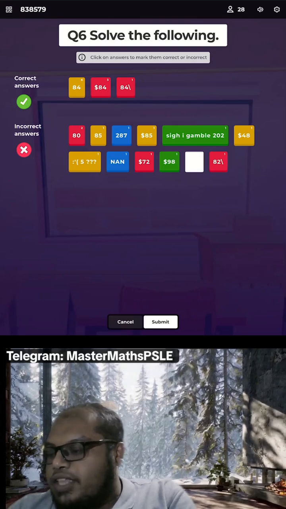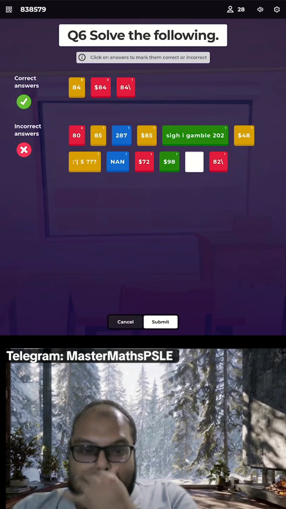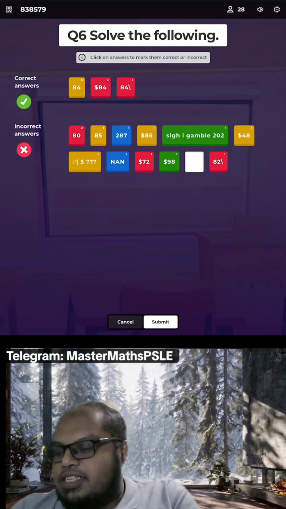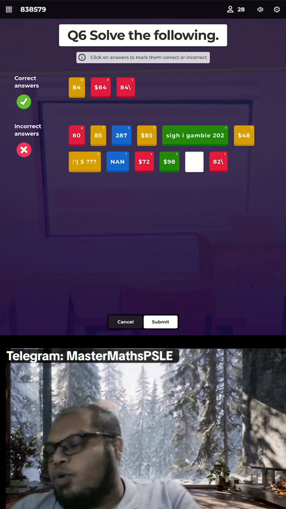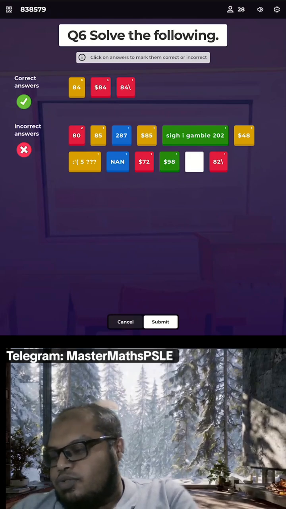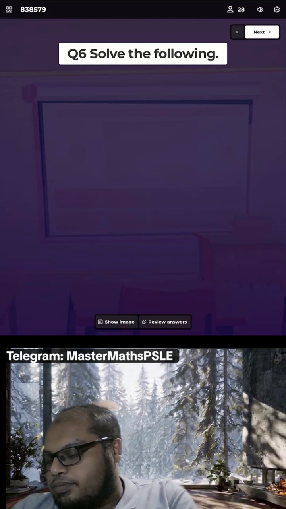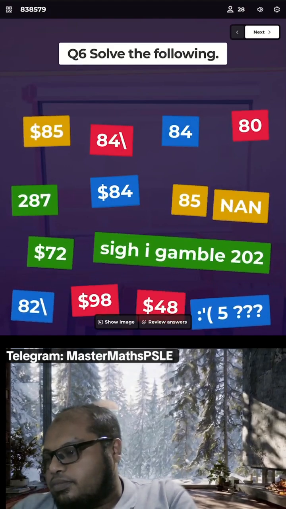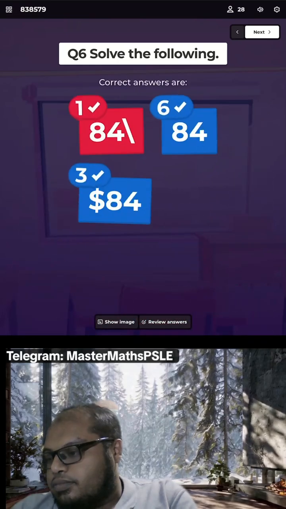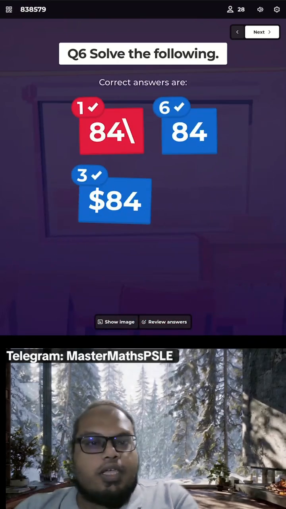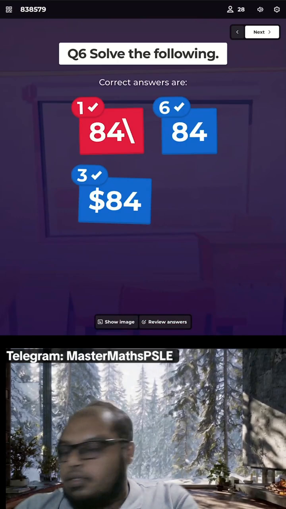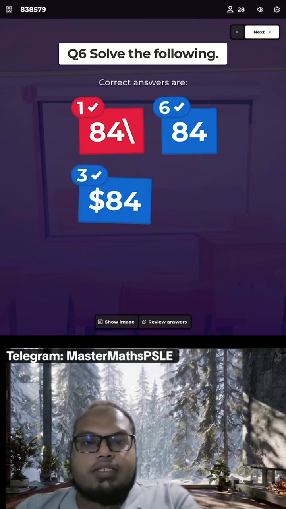Someone actually put 85 there. That's why I say don't follow. I think there's a bot. But there are only 28 users. How come there are some bots answering there?